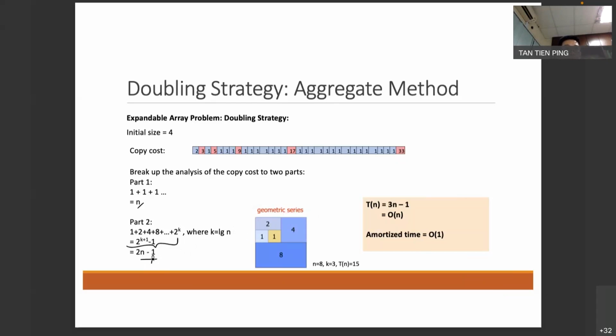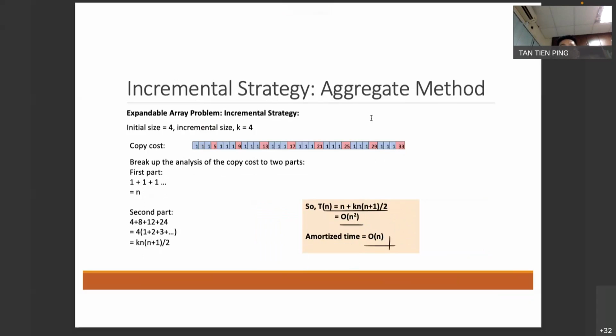So 2n minus 1 plus this n is equal to 3n minus 1. And the amortized time is just this divided by n. So what we get is big O of 1, meaning this is considered constant, meaning the doubling strategy is better than the incremental strategy.